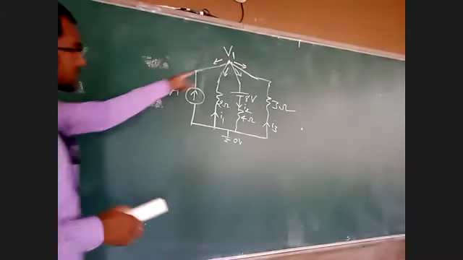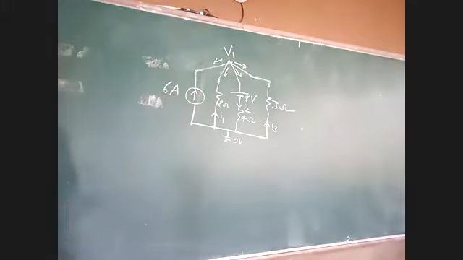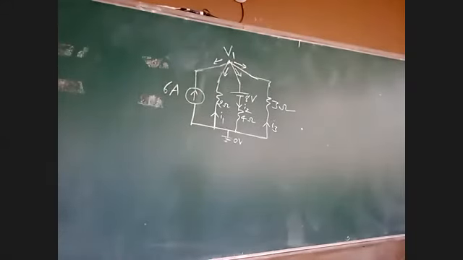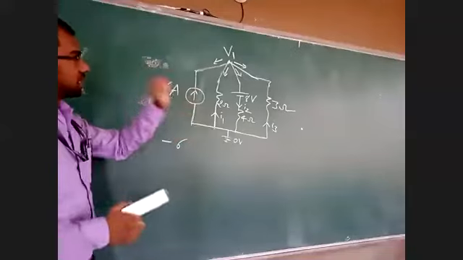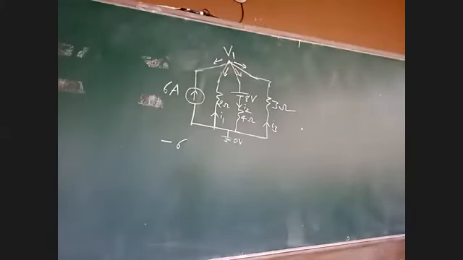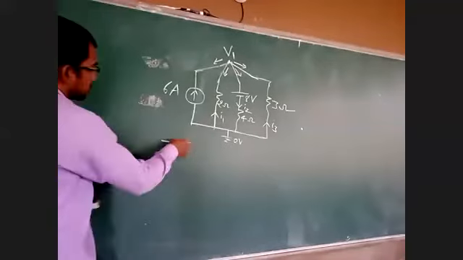Now, what is the first current? This is the branch. What is the current? Minus 6 directly. This arrow is upward, incoming. Since I am comparing at the node, we take it as minus 6. This minus 6 is directly the current.